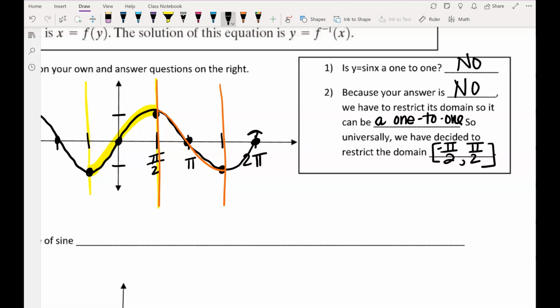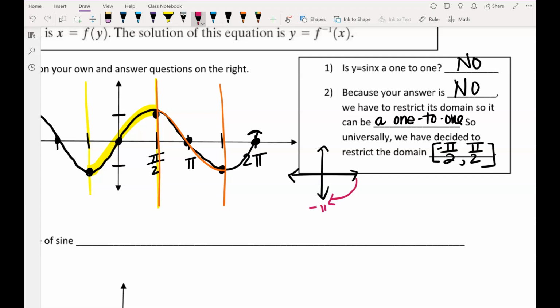Well, let me ask you this. What quadrant, students, is that if we put it back in the unit circle? Where is negative pi over 2? Negative means we go what direction? Downward, right?